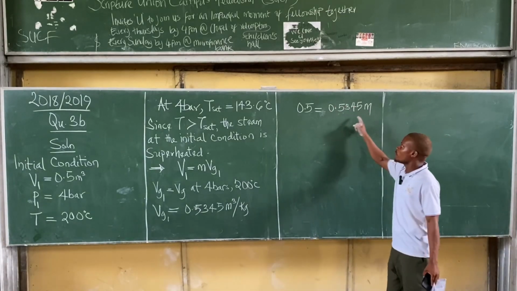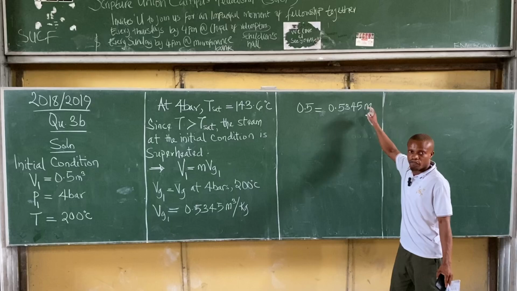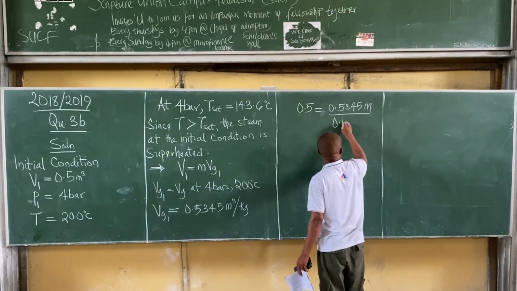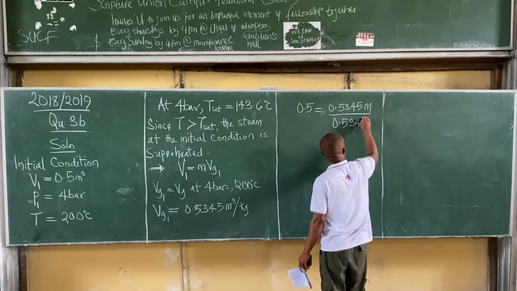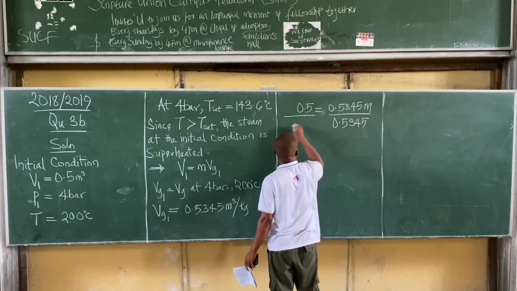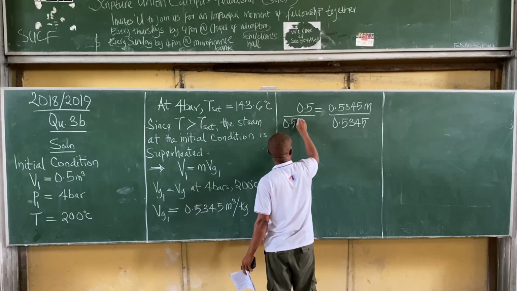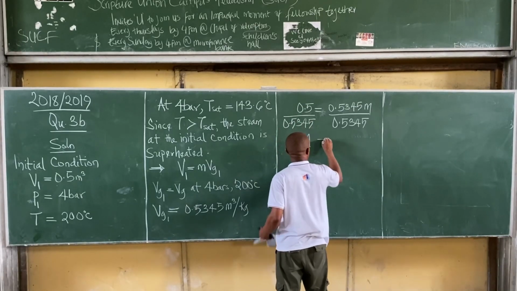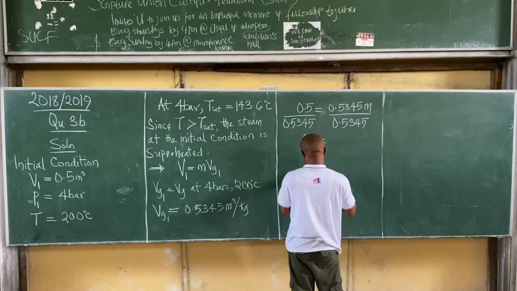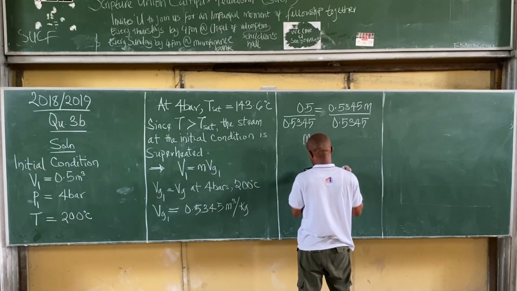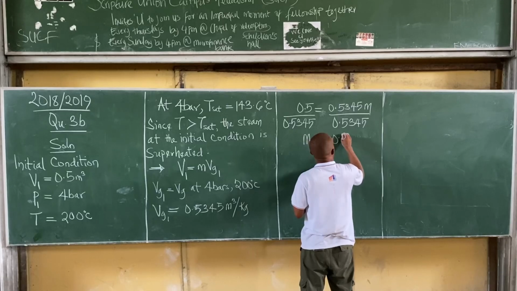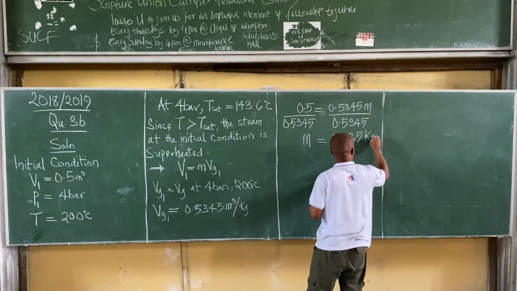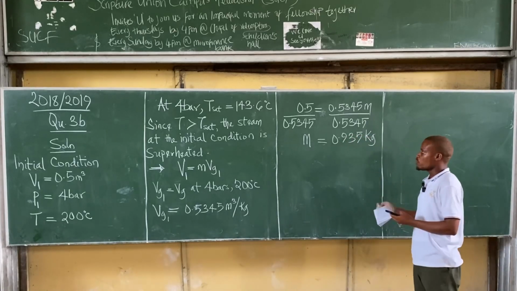The coefficient of m here is 0.5345. So let's divide both sides by this. Therefore, m equals 0.935 kilogram. So this gives us the mass of the steam.